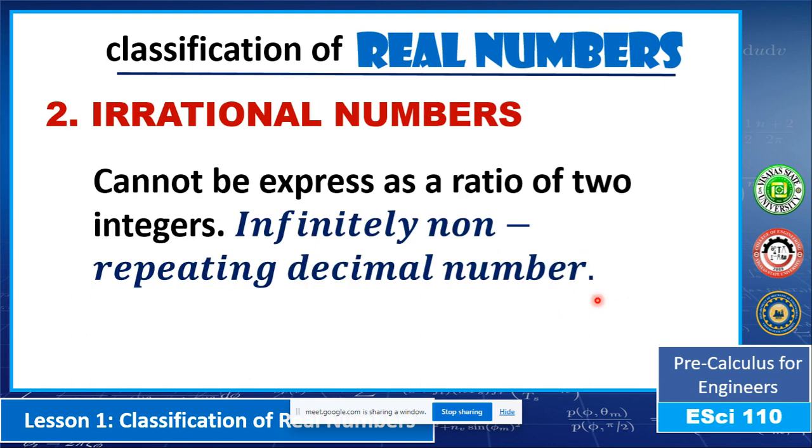So next, let's jump to the irrational numbers. When we talk about irrational numbers, this is the opposite of the rational number, meaning we cannot express this as a ratio of two integers.